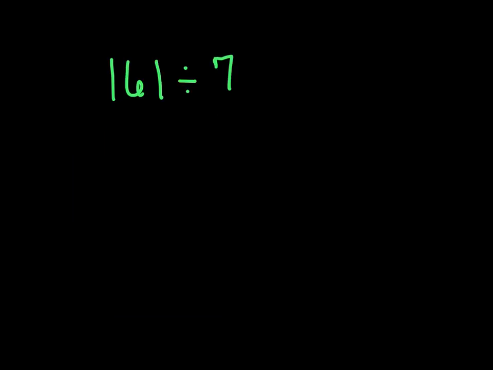In the next one, we have a bigger dividend of 161 divided by the divisor of 7. We're looking for that quotient, and we are going to use the break apart method. So I'm going to take 161 and break it up into three numbers.